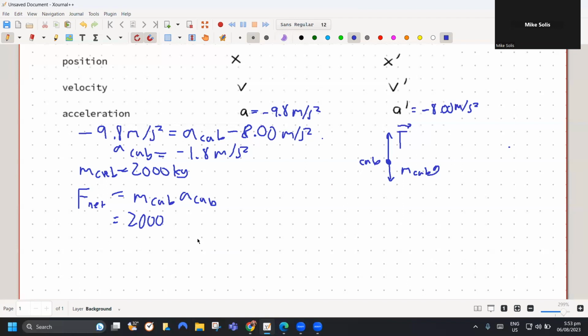So F net is, from your free body diagram, what's F net? Sulat mo yung F net as P minus M cab G. Yan yung F net. Newton's second law says na pag kinompute mo yung F net, that should become equal to mass times acceleration.